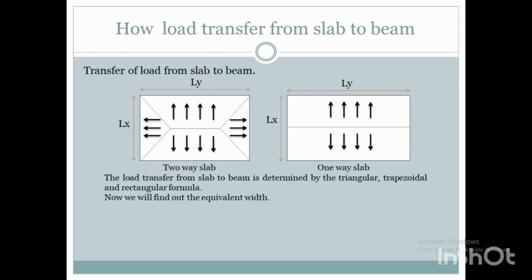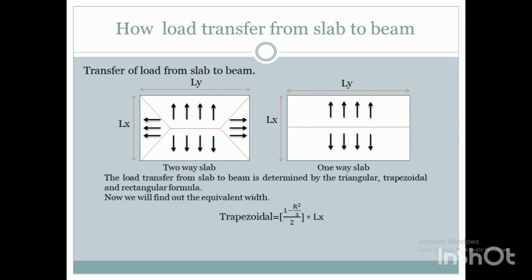Here we have to be clear that the slab loads are given in pounds per square foot, but the beam loads are given in pounds per foot. So we have to multiply the slab load by the equivalent width, then we will get the load in pounds per foot. So that is the importance of the equivalent width.